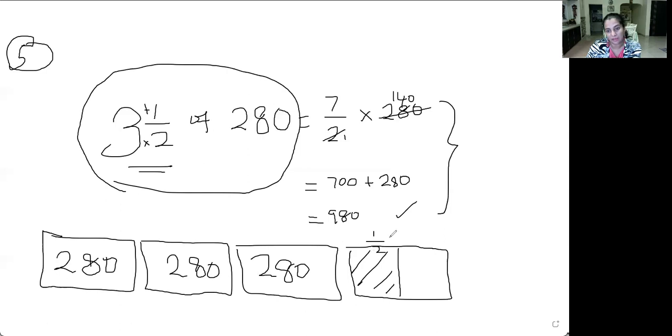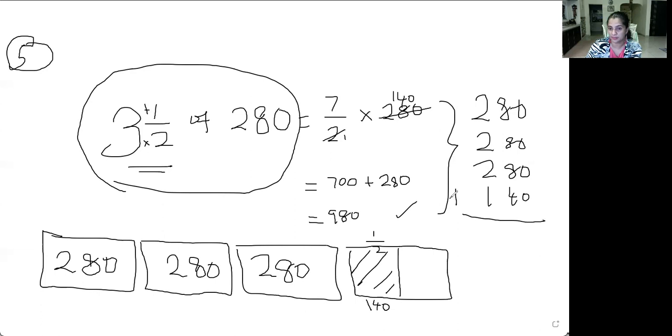So what is half of 280? It's 140. So even if you chose to solve it this way, writing 280 plus 280 plus 280, that is 3 parts, plus 140, that is half, let's see whether you get the same answer. 0, 0, 0, 0, 0, 8, 16, 24, 24 plus 4, 28.